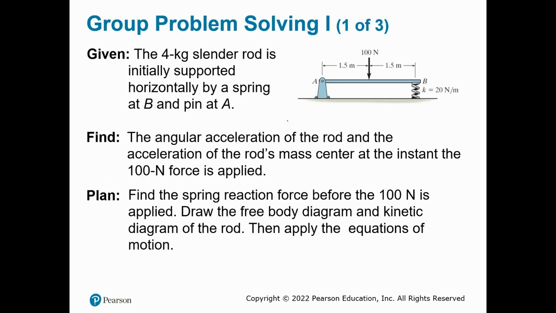Next problem. Over here we have a rod with a spring support on the right end, a pin support on the left, and 100 Newton in the middle. The weight of the rod we know, and it's horizontal. We're looking for the angular velocity of the rod and the acceleration of the rod's mass center at the instant the 100 Newton force is applied.